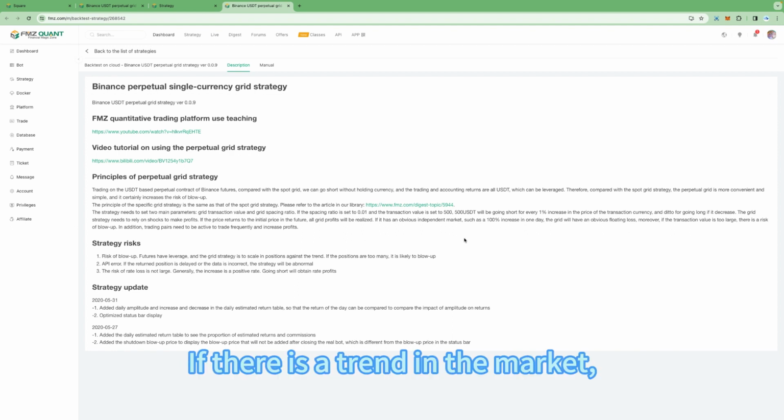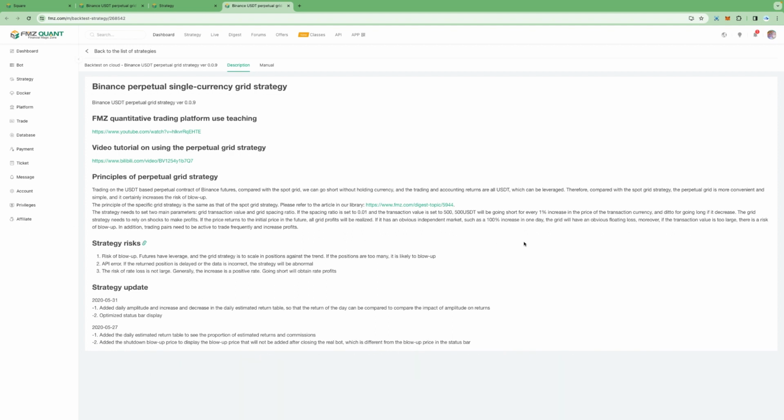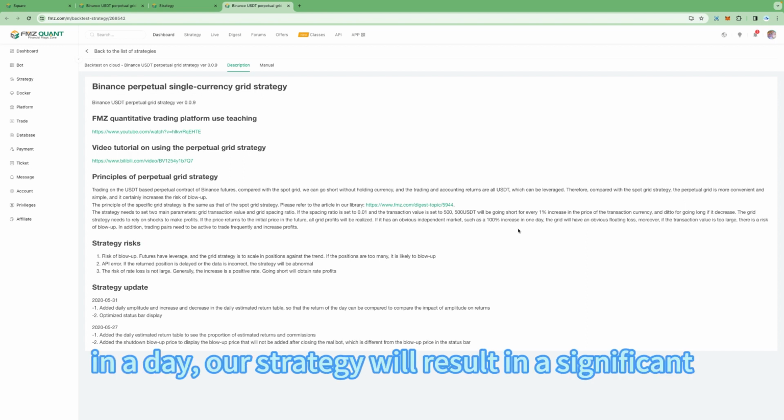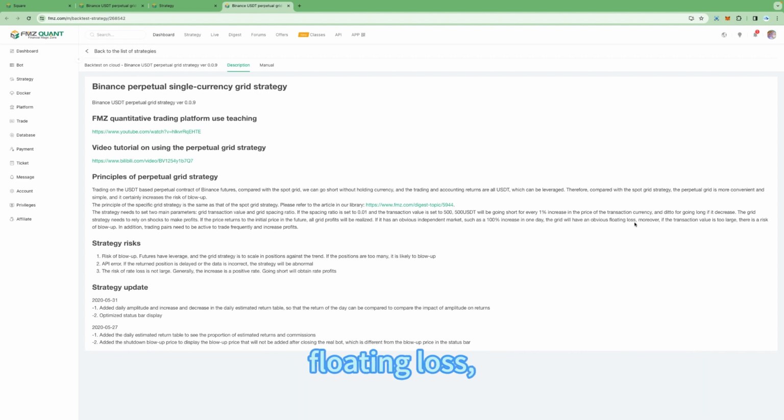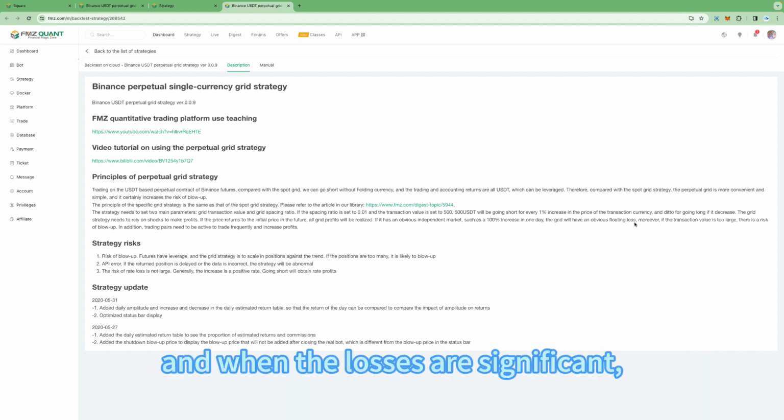If there is a trend in the market, such as a 100% increase in a day, our strategy will result in a significant floating loss. And when the losses are significant, there's even a risk of liquidation.